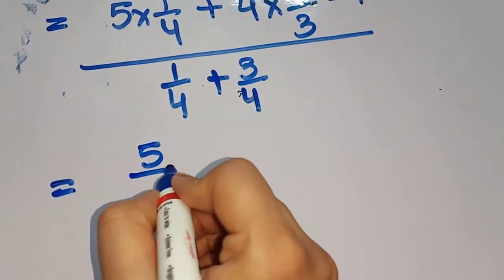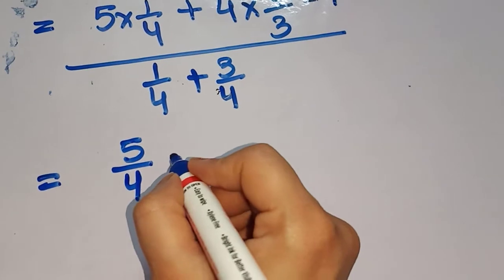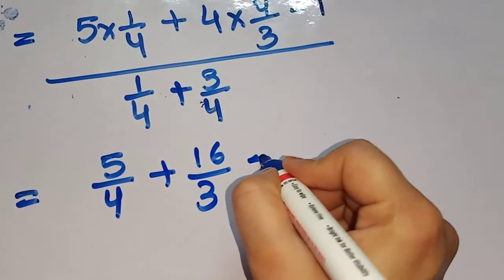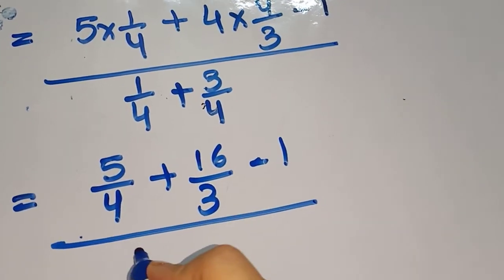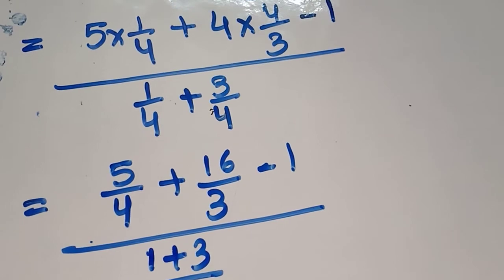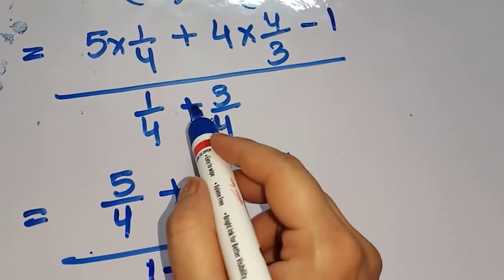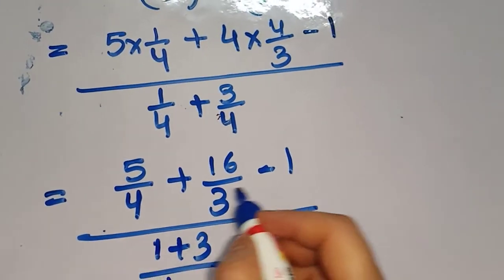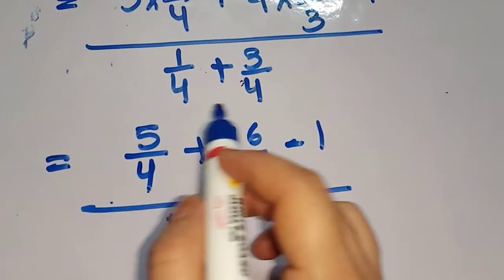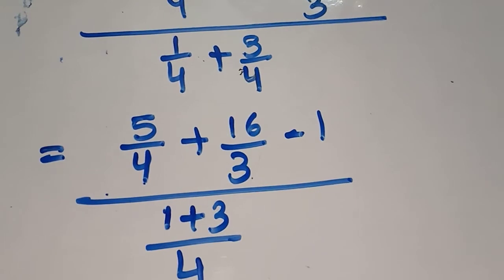It becomes 5 upon 4 plus 16 upon 3 minus 1 upon, in the denominator, 1 plus 3 upon 4. We took the LCM there and it becomes 1 plus 3. Now take the LCM of these two, 4 and 3, it becomes 12, and we will solve the numerator part also.